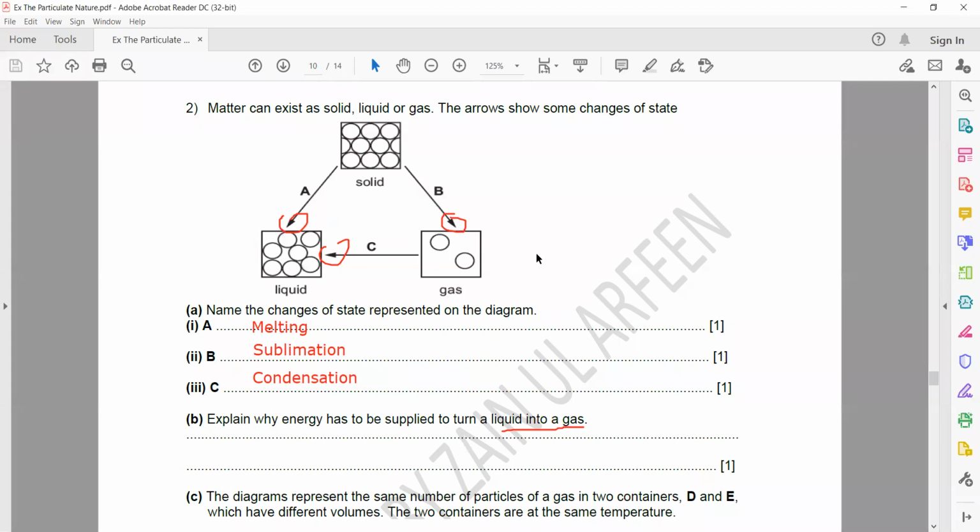If we want to convert solid to liquid or liquid to gas, why do we have to supply energy? Basically we have to break the attraction between the particles.